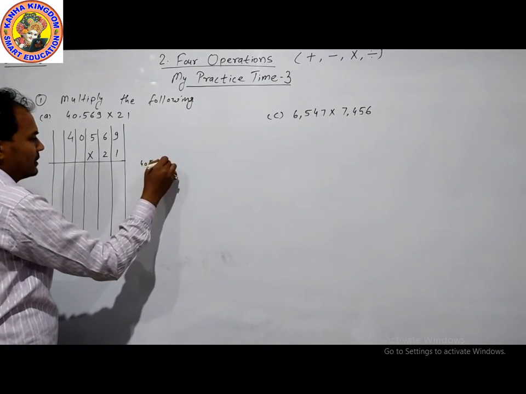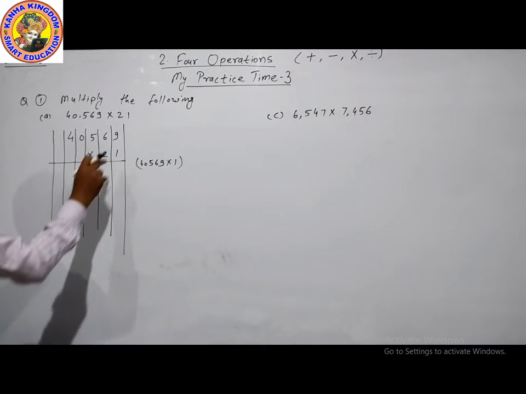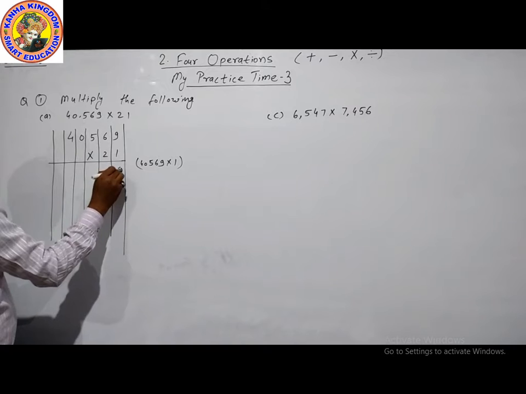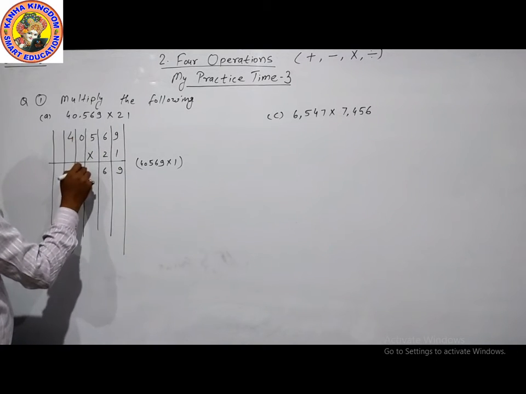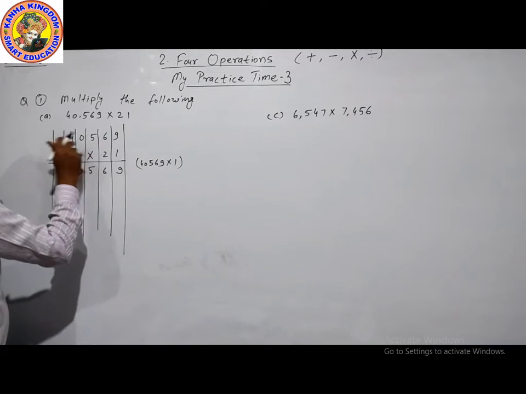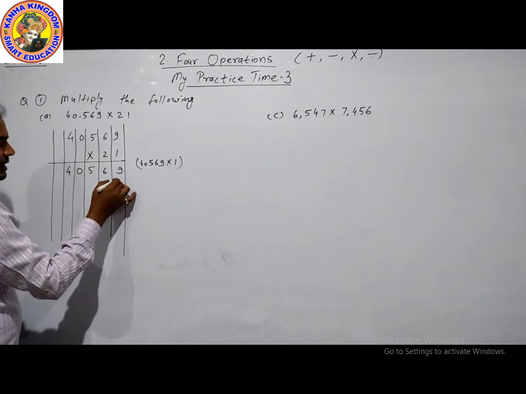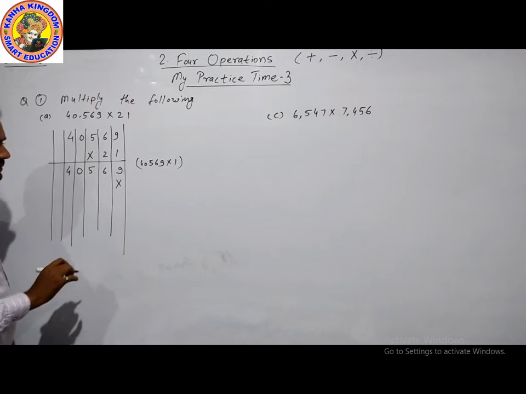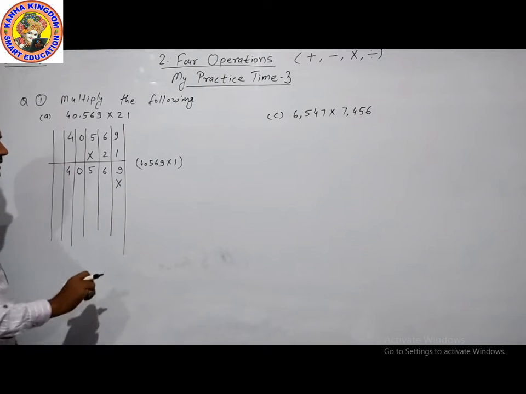In the first step we will multiply this number. 1 into 9, 9. 1 into 6, 6. 1 into 5, 5. 1 into 0, 0. 1 into 4, 4. Then leave here one digit.